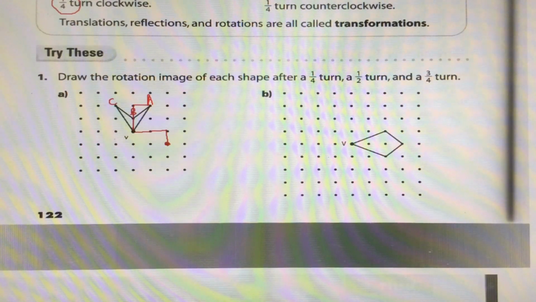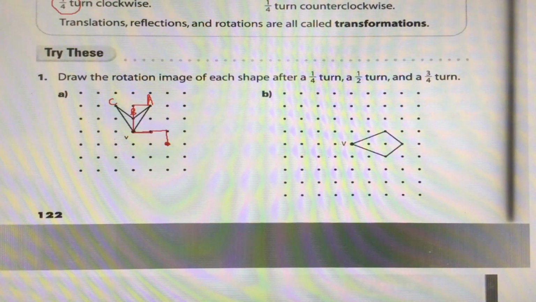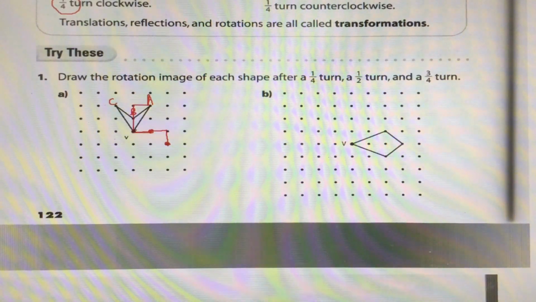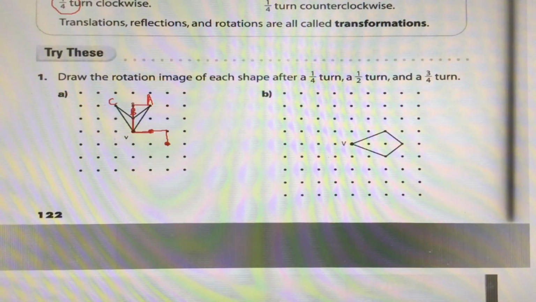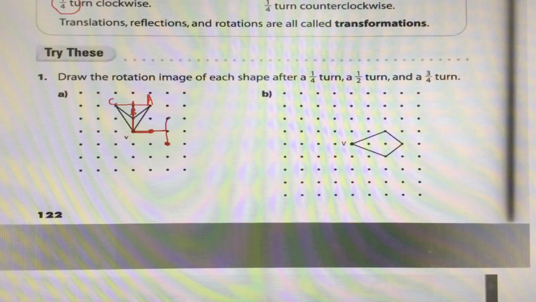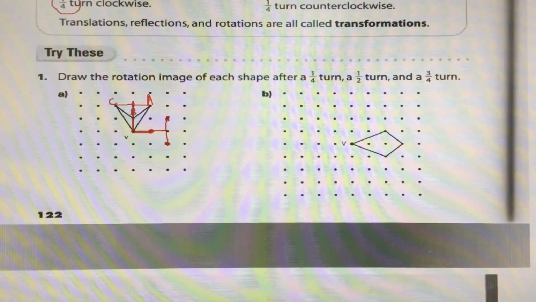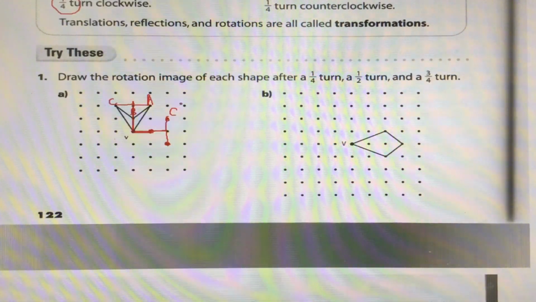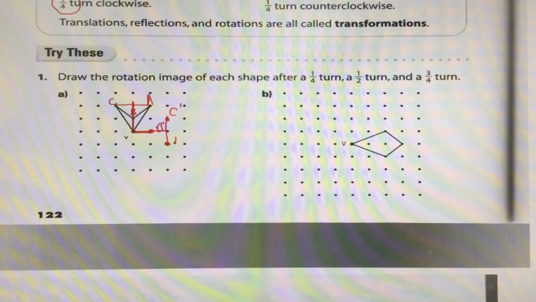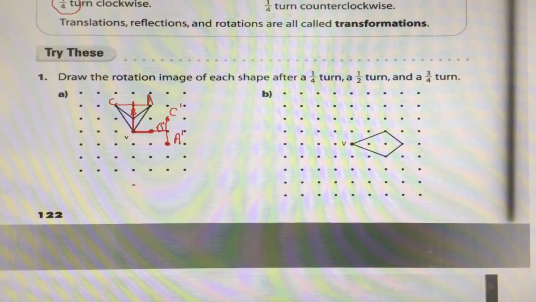To go to B, we go straight up 1. This becomes B prime. And to go to C, we go 1, 2 up and 1 to the left. That becomes C prime. So there's C prime, B prime, and A prime.